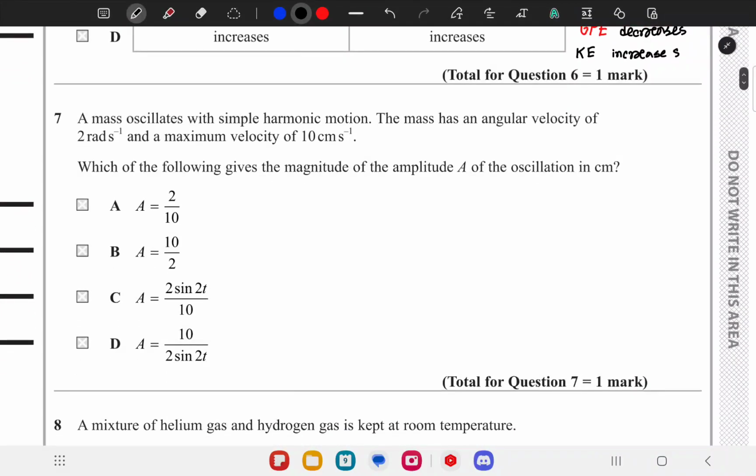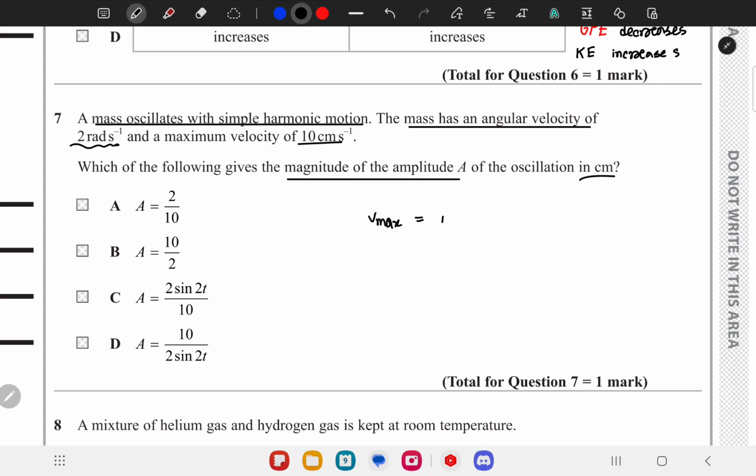Now on to question 7. We are given that a mass oscillates with simple harmonic motion and that it has an angular velocity of 2 radian per second and a maximum velocity of 10 centimeter per second. We have to find the magnitude of the amplitude in centimeters. We know that Vmax is the angular velocity times the amplitude.